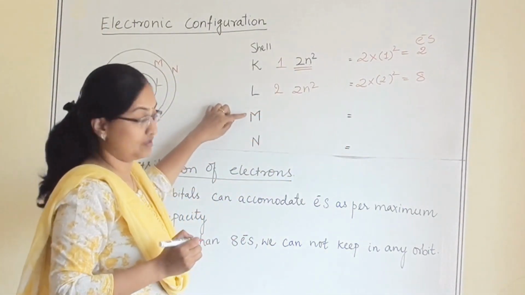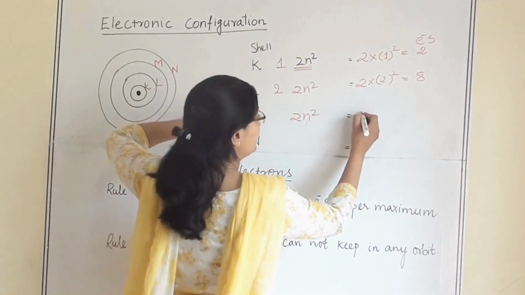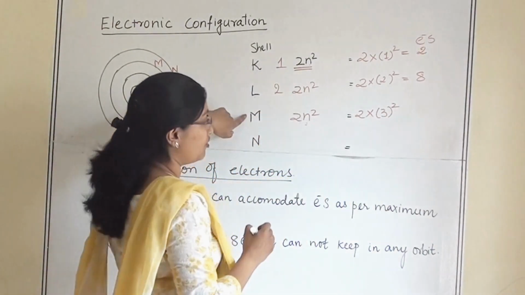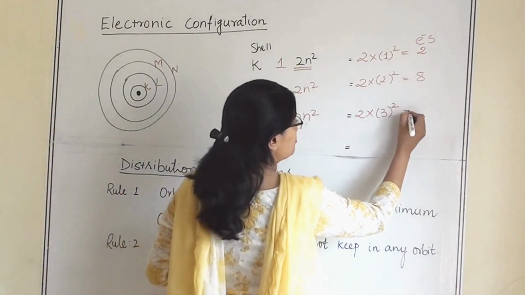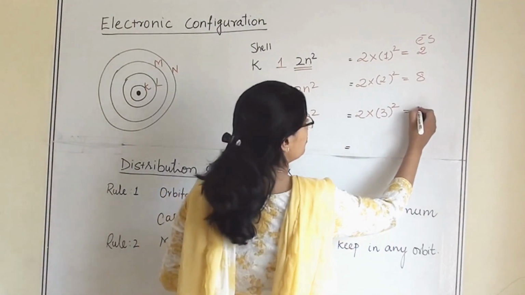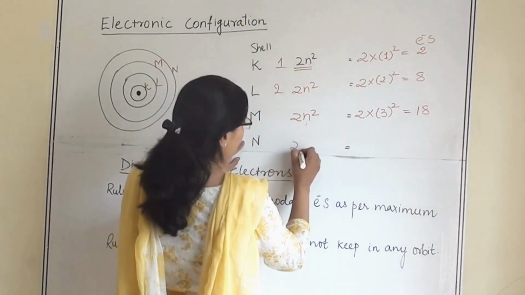M is our third orbit. So 2n square, and in the place of n we will keep 3 because that is our third orbit. So which number are we going to get here? 3 into 3, 9 into 2, 18. N is our fourth orbit.